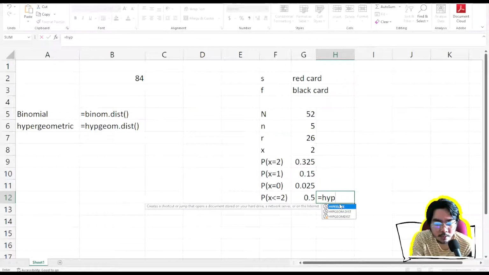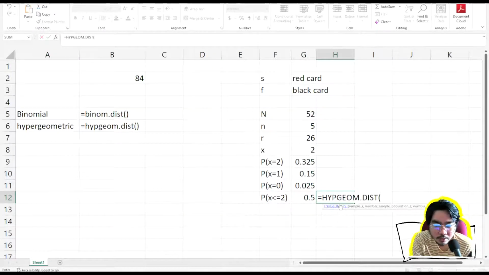So if you do hypergeom, we do the same thing, no?